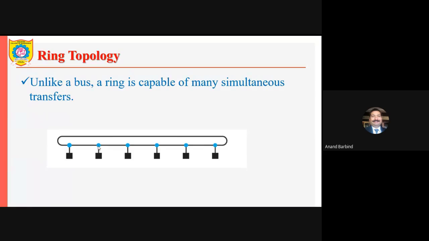This ring topology is also used somewhere, but in this case, even if some processor is not concerned with the data, it may be required by the other processor, so it still needs to forward that data from the previous node to the next node. So a lot of overhead is there in this ring topology, though there is simultaneous operation in this ring topology.